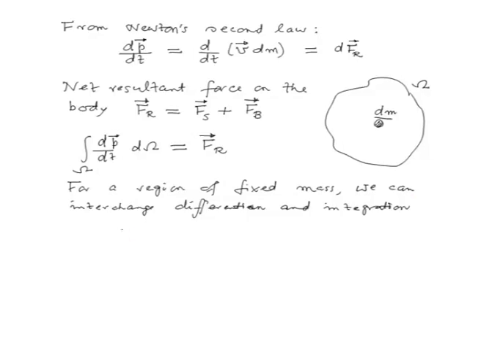So, then what we get is simply this, that we got d by dt of integral small p d omega.